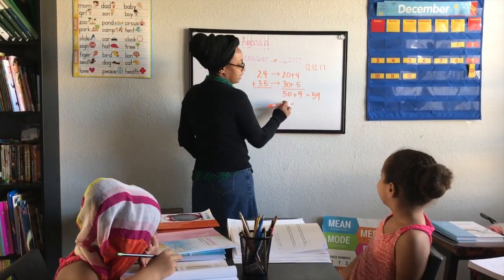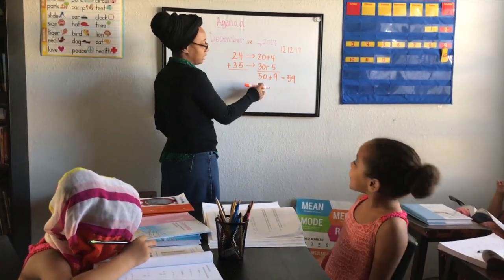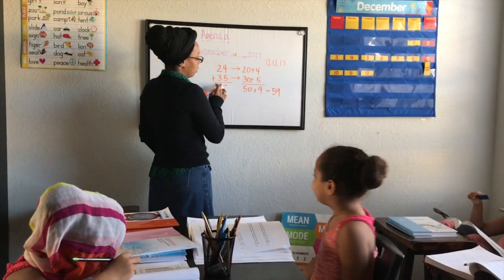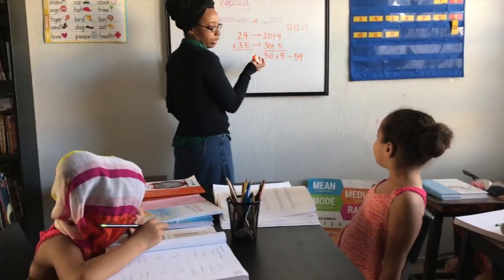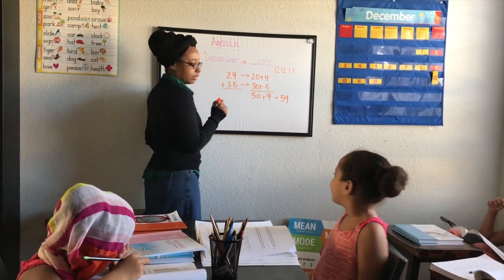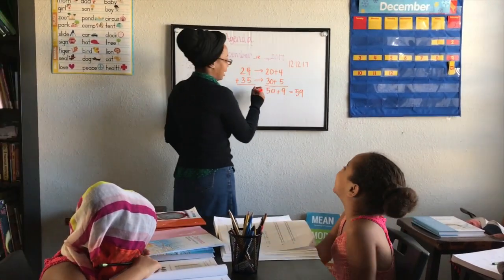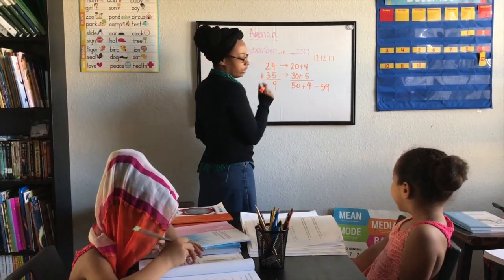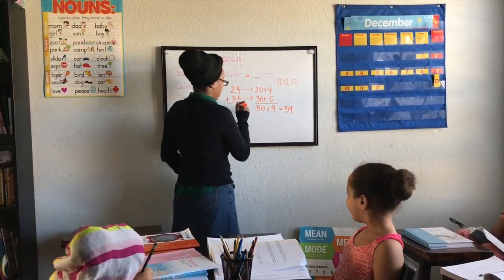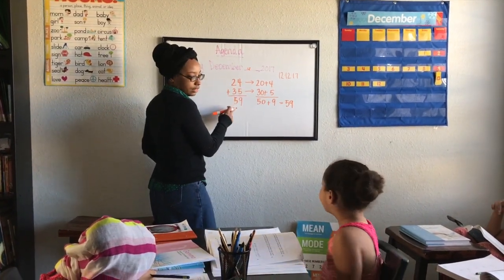So this is the place value way to get this answer. So let's just do this the regular way. What's 5 plus 4? We already did it. 9. And 3 plus 2 is 5. Okay. So 24 plus 35 is 59.